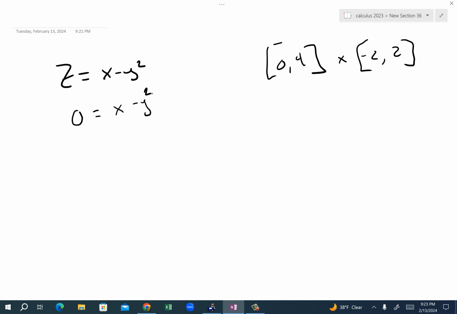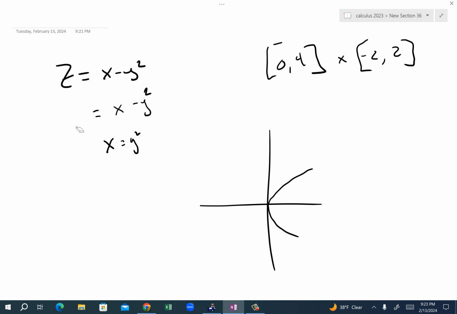So in other words, x equals y squared. Bam. Well, x equals y squared is this fella, right? And if it was equal to 1, then it would be x minus 1, which I think is this fella, et cetera, et cetera.